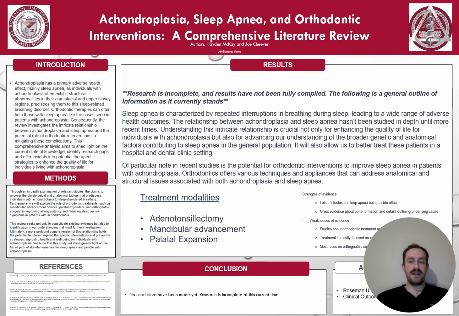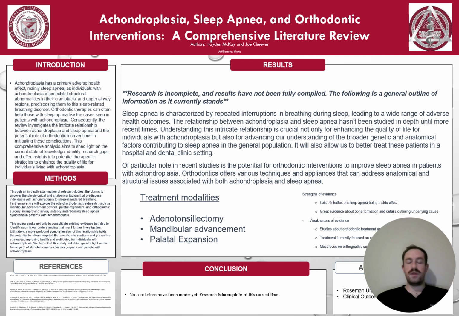Like I stated before, our research is not complete. We've started to compile the articles we're looking at and finding more about the etiology of achondroplasia and sleep apnea.